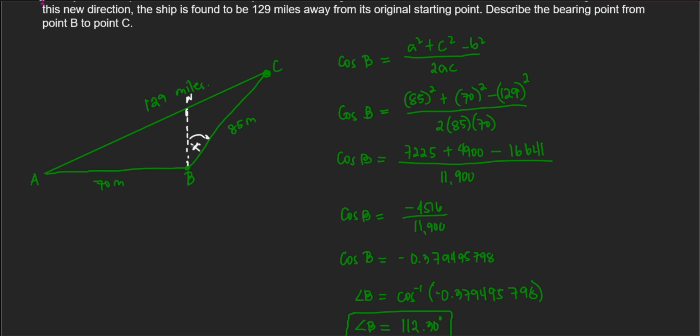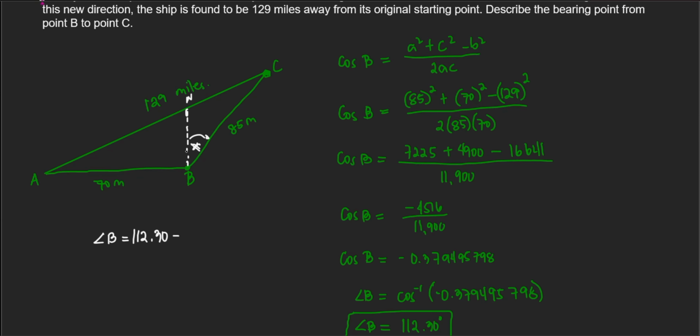Now remember that if this angle is equal to 112.30, so to identify this angle, you just have to subtract. So we have angle B is equal to 112.30 minus 90 degree.